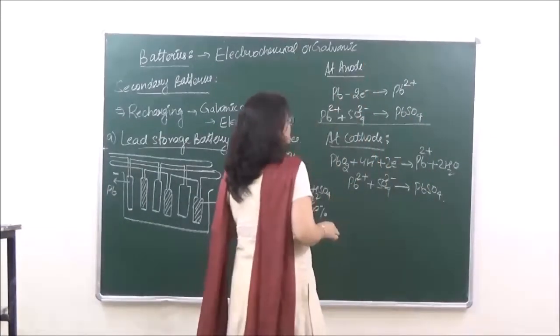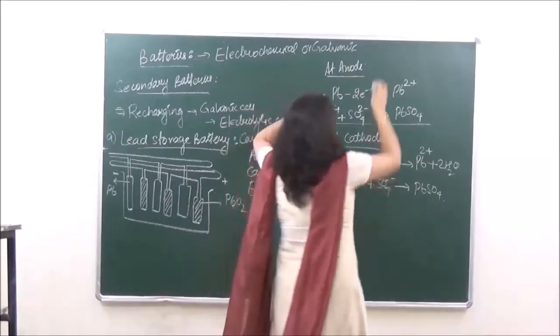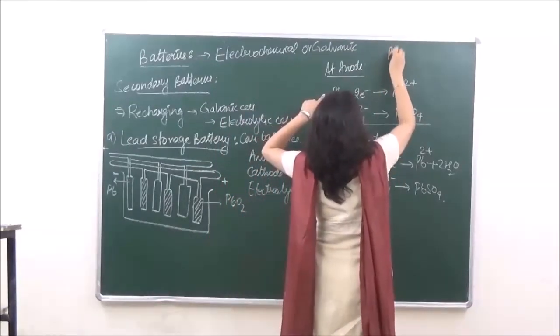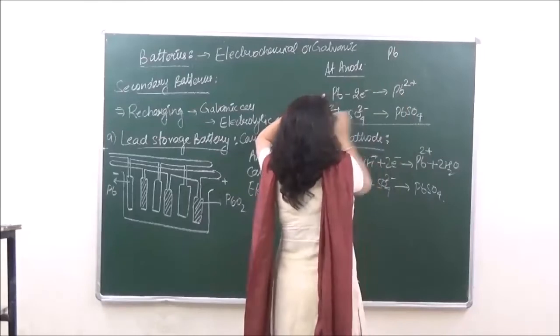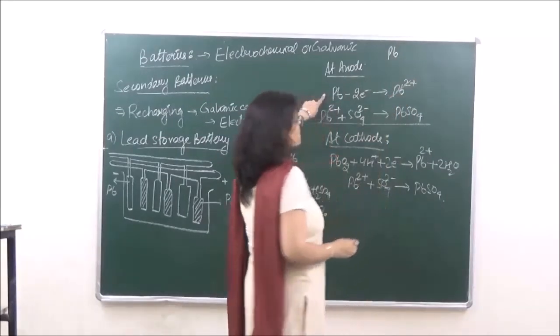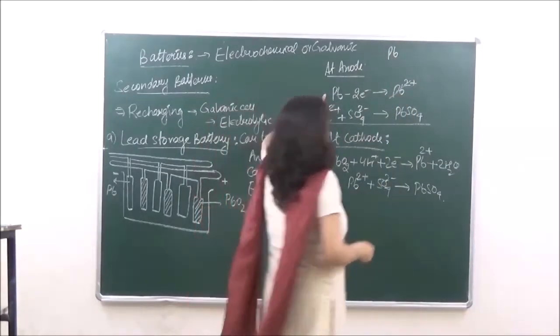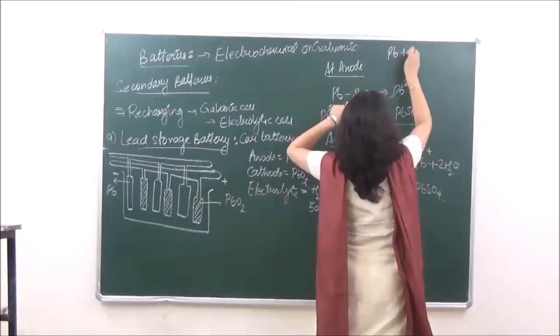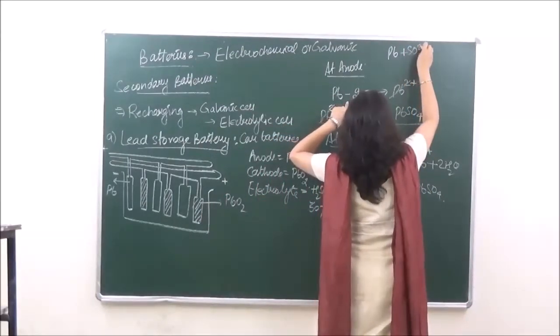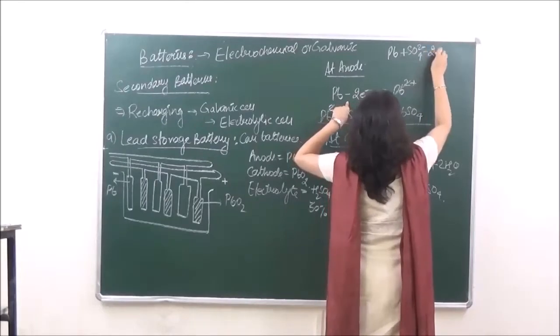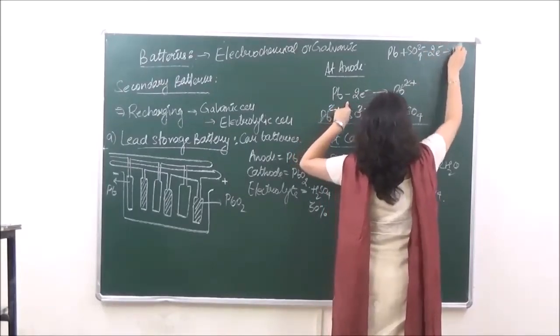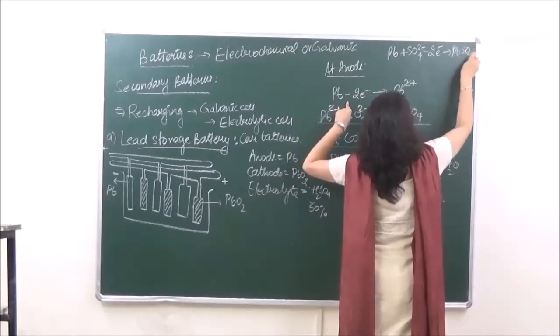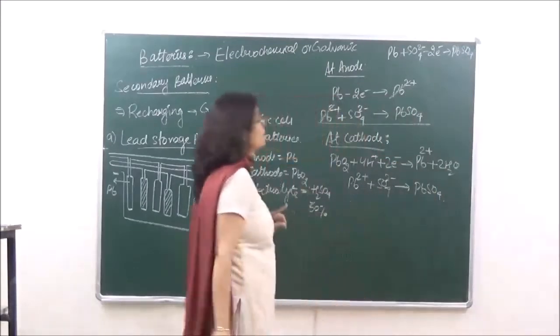So we have Pb, this and this get cancelled. Okay, 2 electrons will come, but before that we have SO4 2-, minus 2 electrons to give us PbSO4.